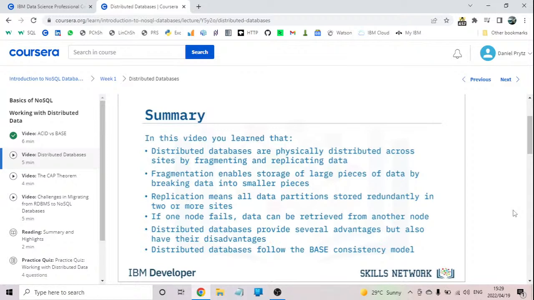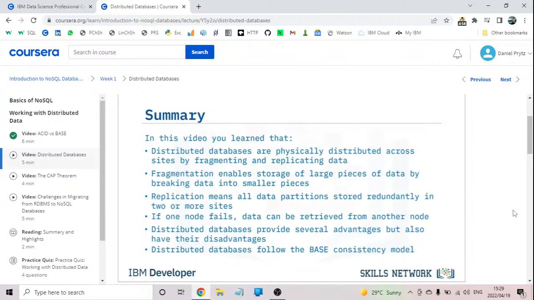If one node fails, data can be retrieved from another node.